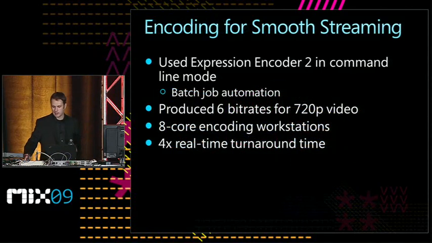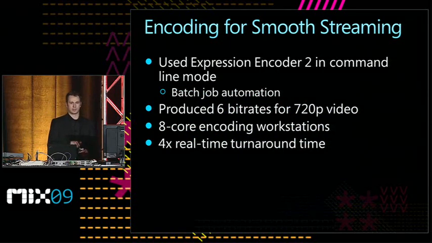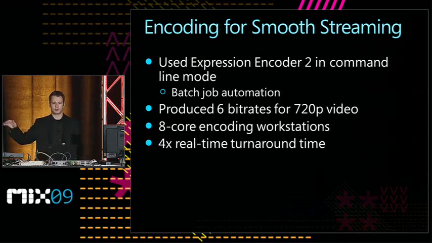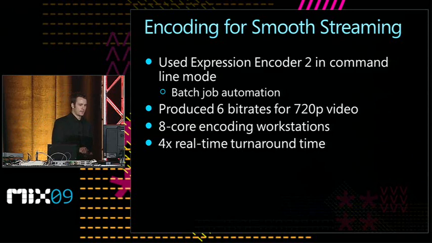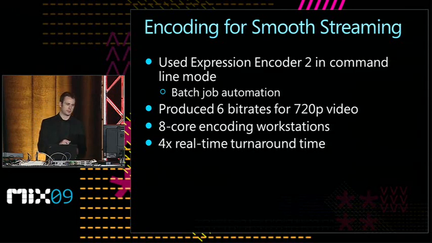They did some level of automation for the encoding. They used Expression Encoder 2 in command line mode, where they were able to invoke it from the command line, write some batch files, and let those batch jobs run overnight. For each video asset, they produced 6 bit rates, ranging all the way up to, I believe, 2.5 megabits for 720p video.